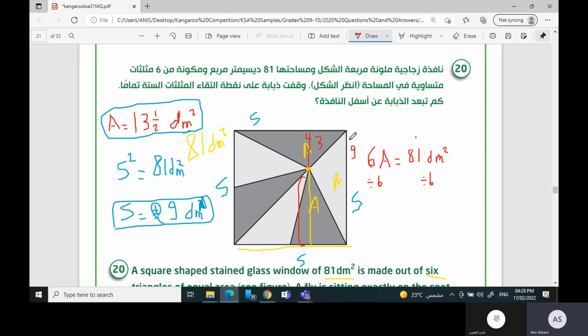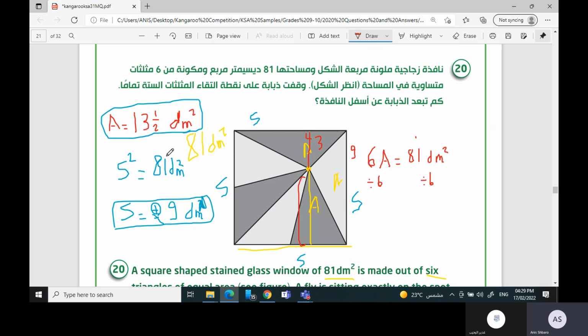And then I need to find each side. I need to find the area of each triangle, because all areas are equal. So I'm talking about A plus A plus A, which is 6A, equal to the whole area, which is 81. And then I must divide both sides by 6 to get the area of each triangle, which is 13.5, or 13 and a half.